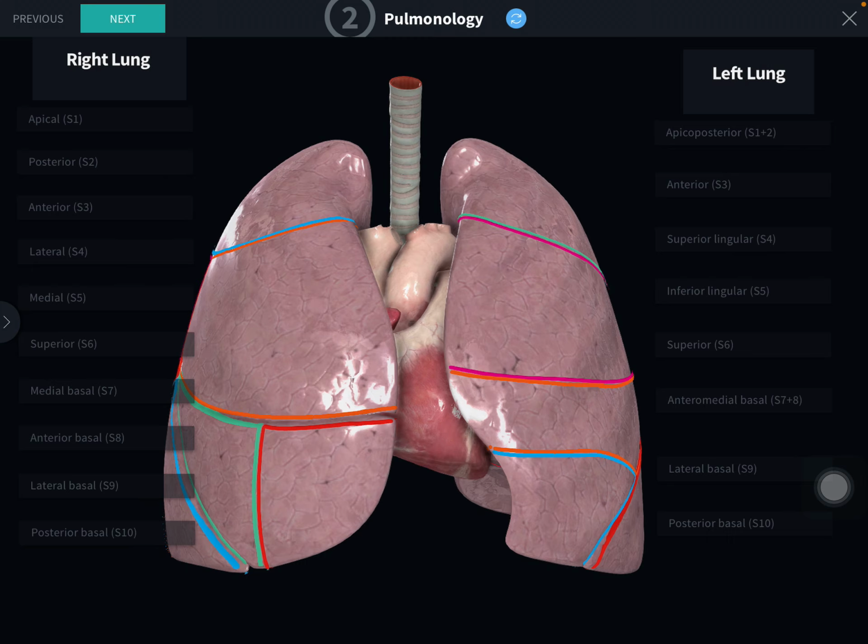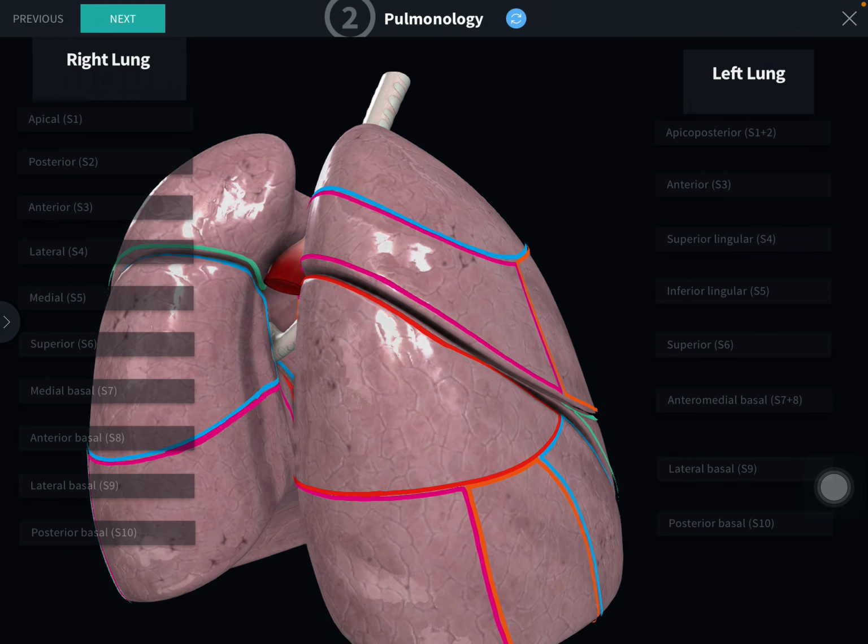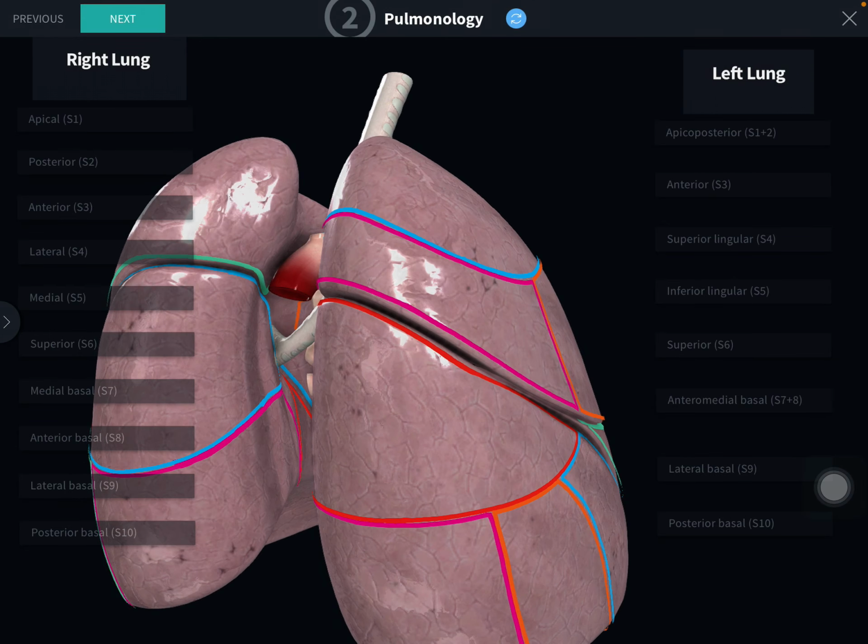The apical segment of the lower lobe and the posterior segment of the upper lobe are common sites for lung abscess. What are the segments? The apical segment of the lower lobe and the posterior segment of the upper lobe.